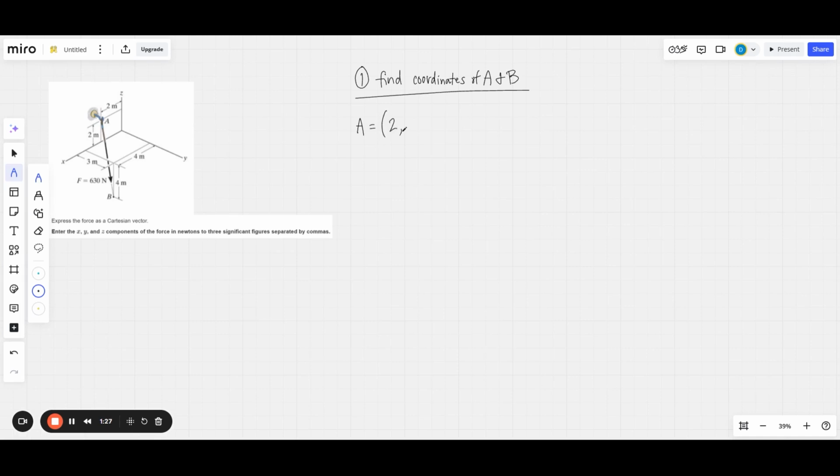It is 0 on the y-axis, and it's 2 meters on the z-axis. And then for point B, we can see that it's 4 meters on the x-axis. It is 3 meters on the y-axis, and from here we can see that it's going down. So it is 4 meters on the z-axis.